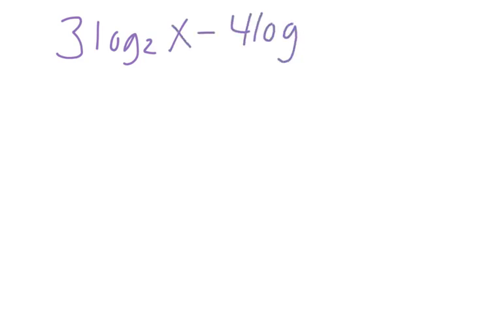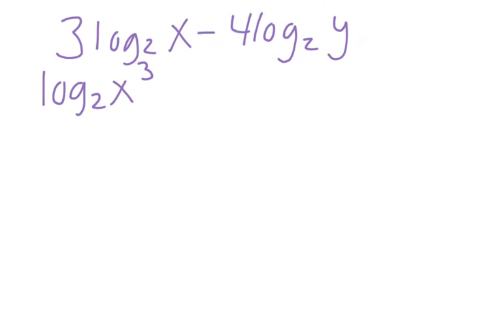Now, for fun, because why would we not want to have fun? I'm going to do this problem a different way, just to explore some things like, what if I did this? Would it still work? So with this one, I'm going to start essentially the same way. I'm going to move the 3 and the 4 into the exponent. But this time, instead of moving the 4, I'm going to move the negative 4.